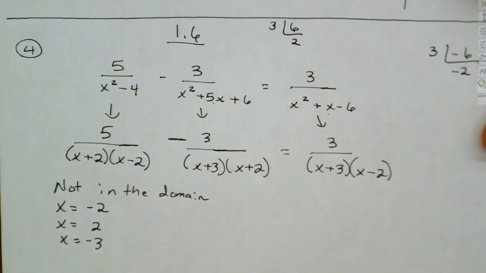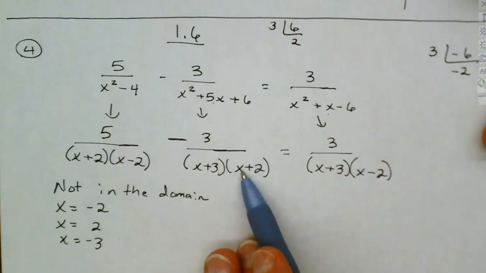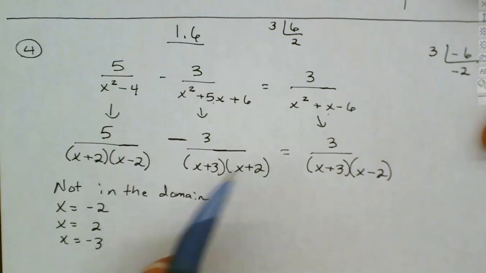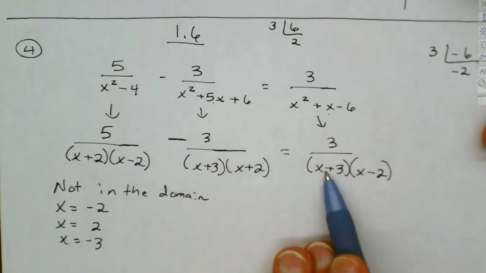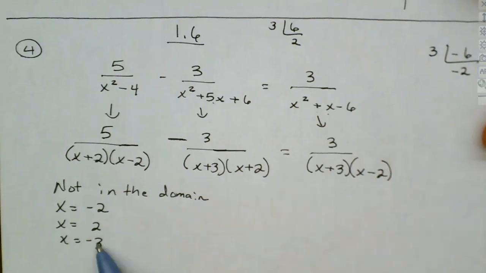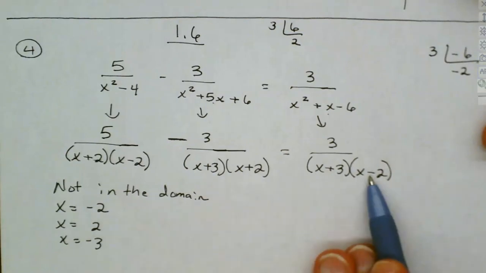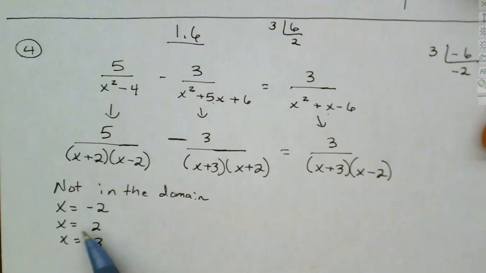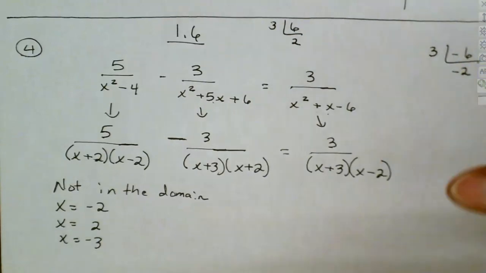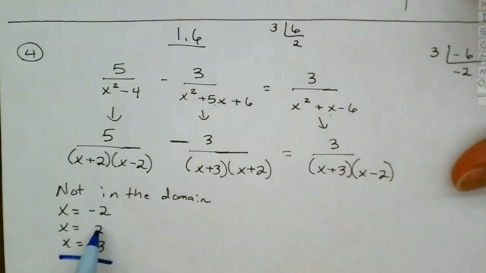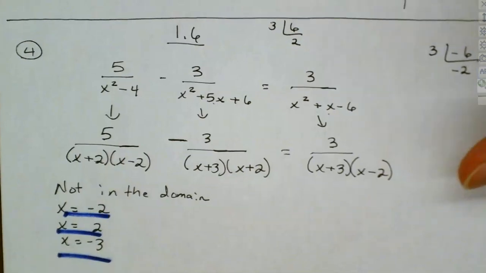Can't have that. This one's already taken care of with the minus 2. The x plus 3 is taken care of with that minus 3 there. And the minus 2 is also taken care of with the 2. So these are the numbers that are not in the domain: minus 2, positive 2, and 2.